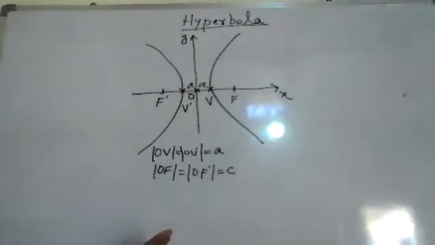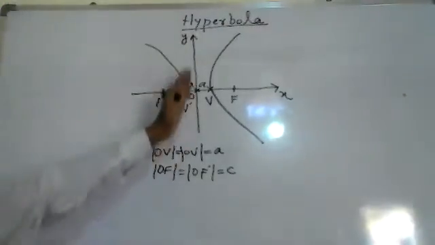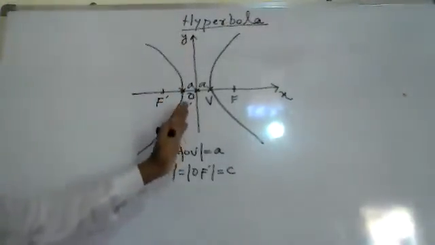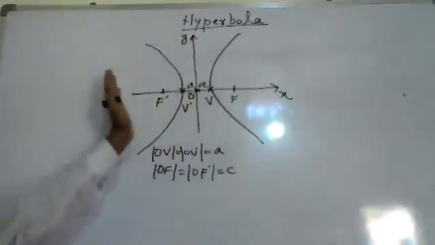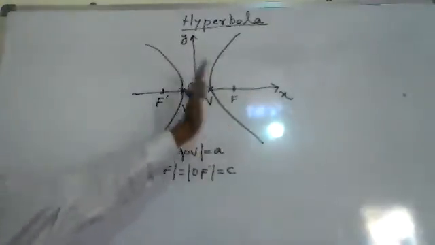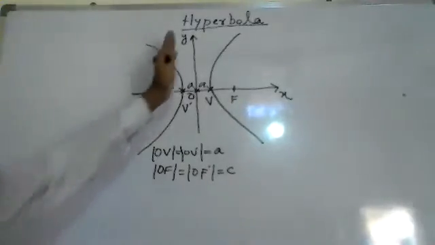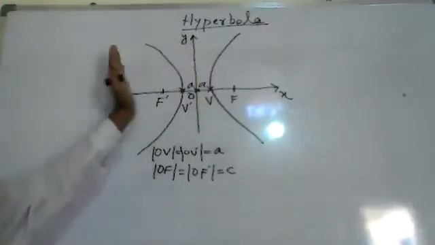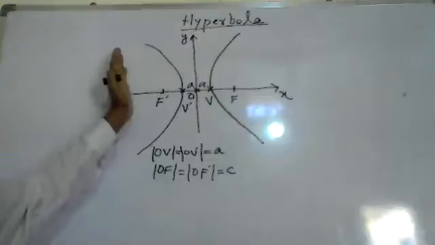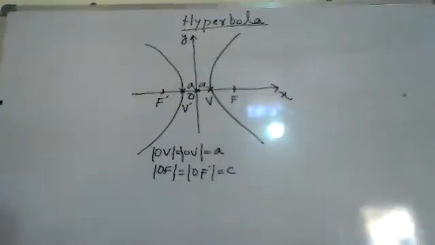And there is another axis, this line. This is also dividing the hyperbola into two symmetrical parts, one on one side, one on the other side. Both are mirror images. If you put the mirror, the same thing will be on the other side. So this is called the conjugate axis.